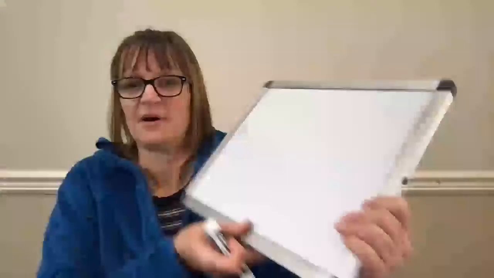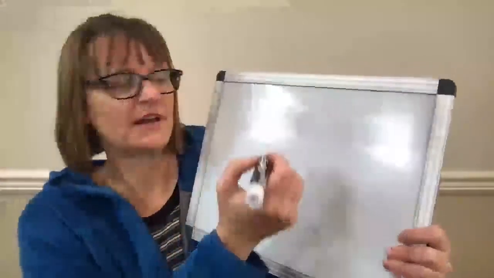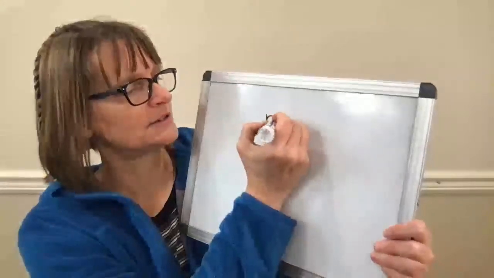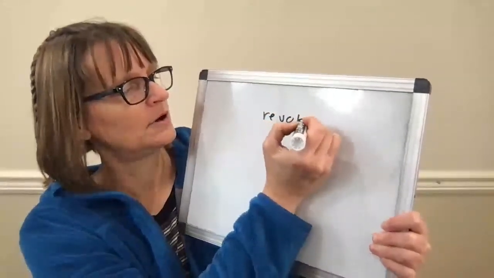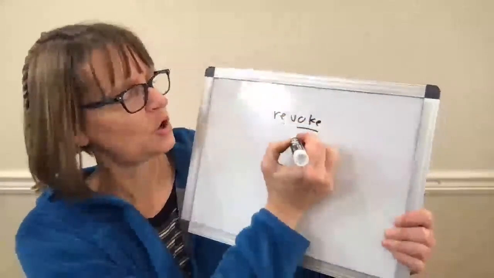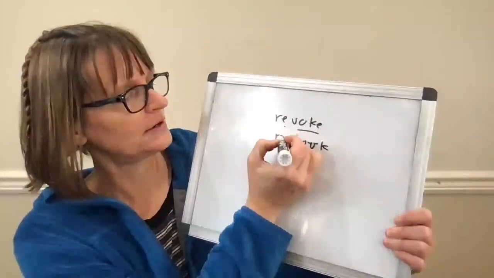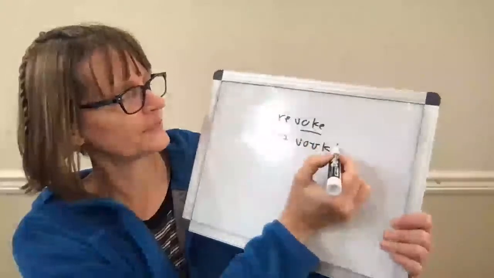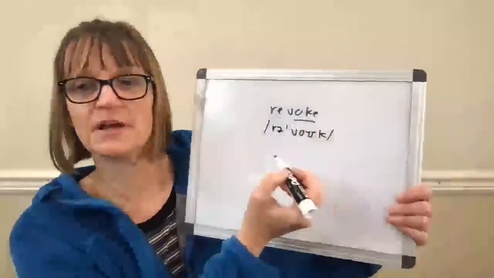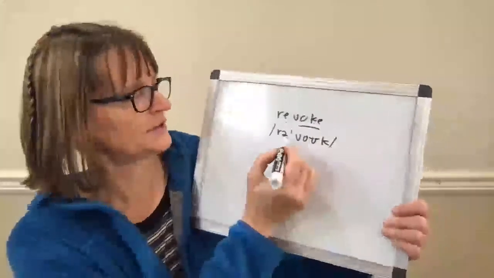We have a question about whether irrevocable sounds like revoke, and it doesn't. So revoke has the O sound and a schwa here, revoke. Second syllable stress, but irrevocable is stressed on the rev.